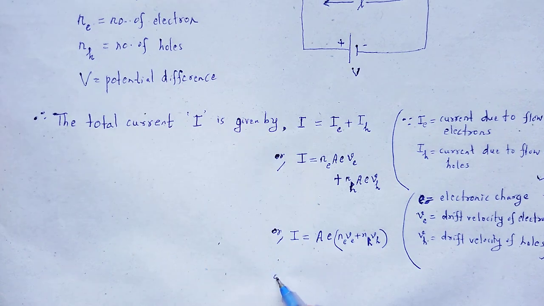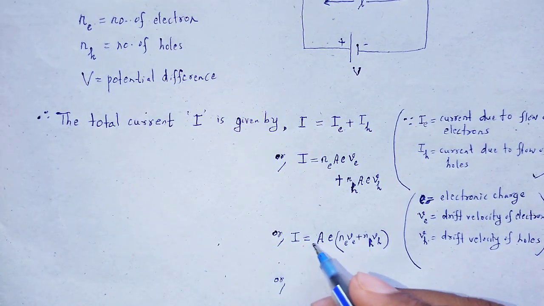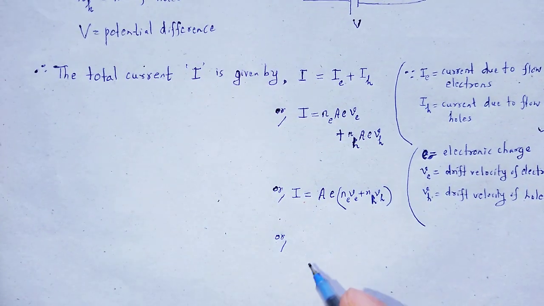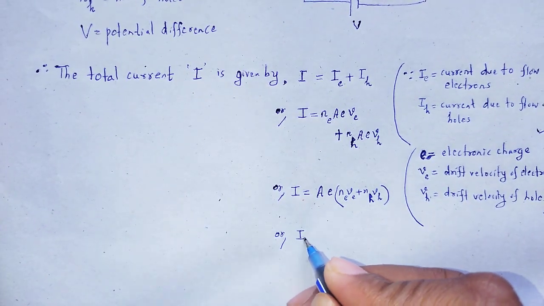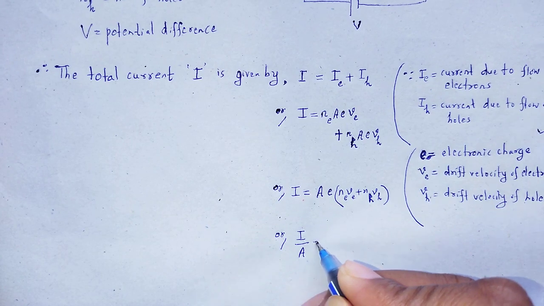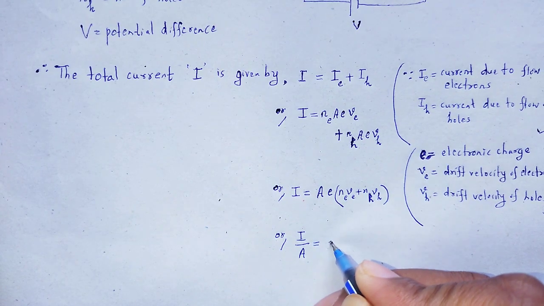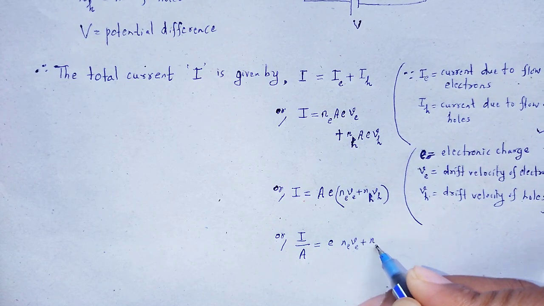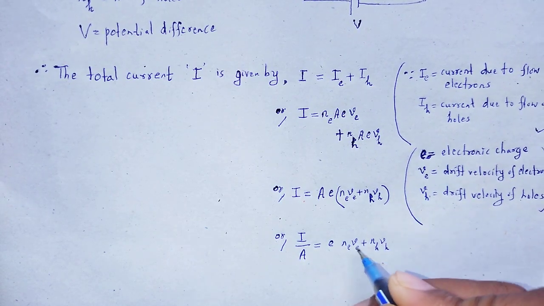Now A is divided to this side, so I by A is equal to e whole into n E v E plus n H v H.